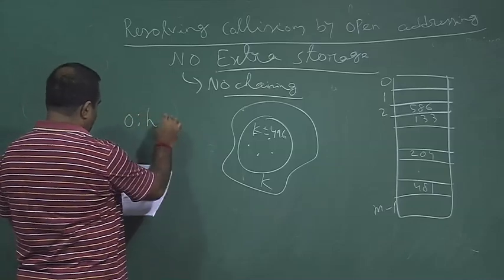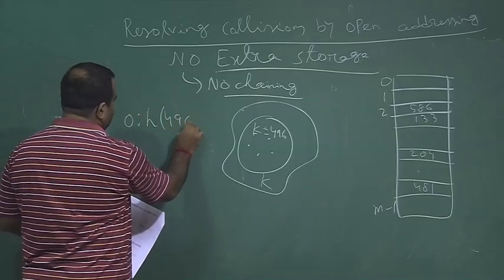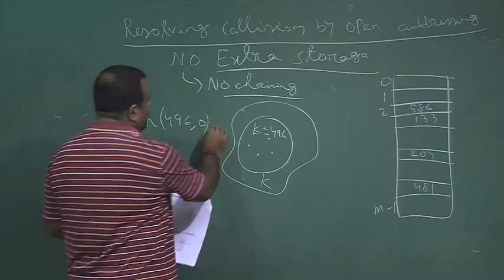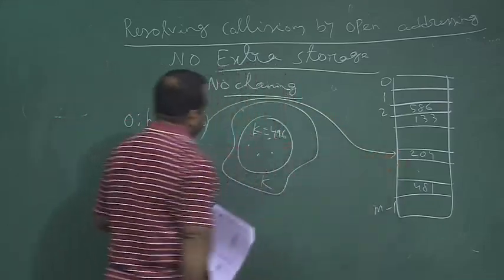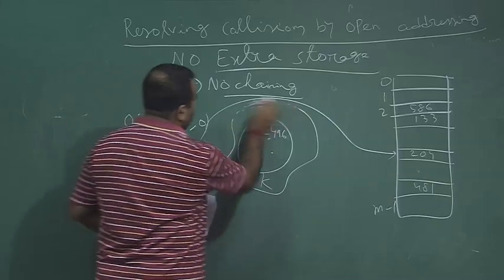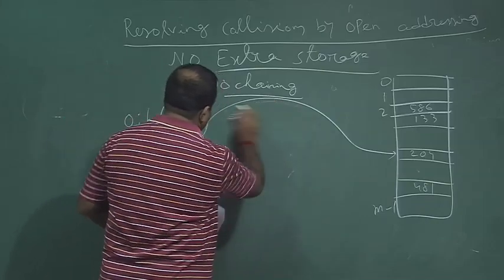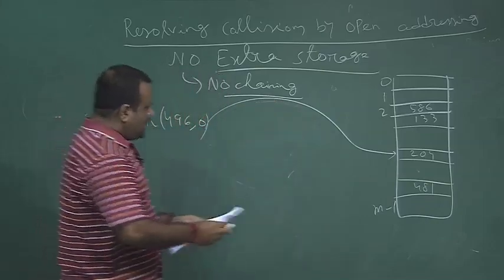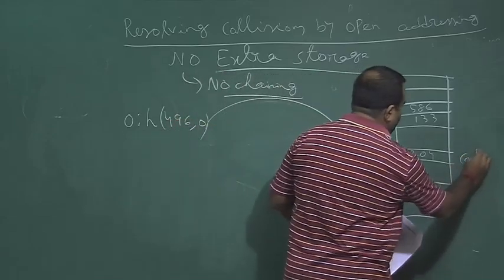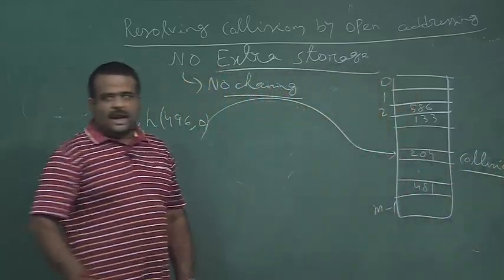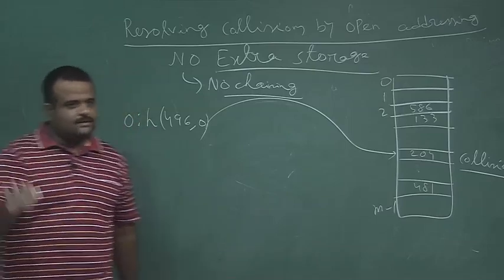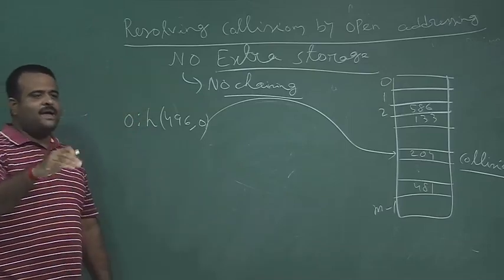We apply this to 496, this is the 0th probe, and suppose it is hitting here. Now there is a collision, and we are not allowed to have a chain. So, we will have another attempt.